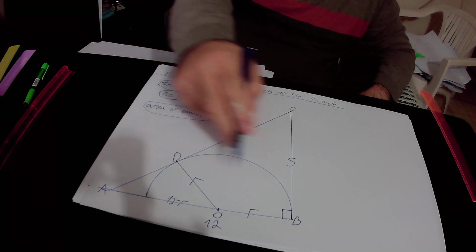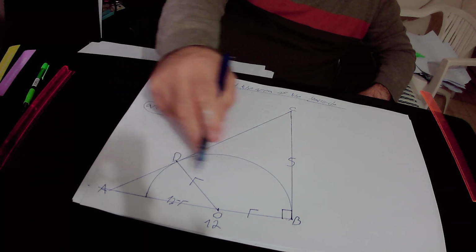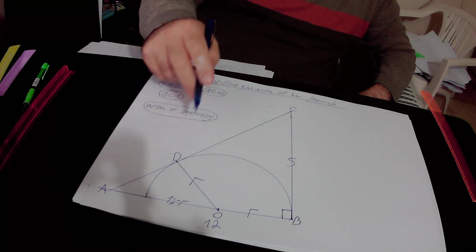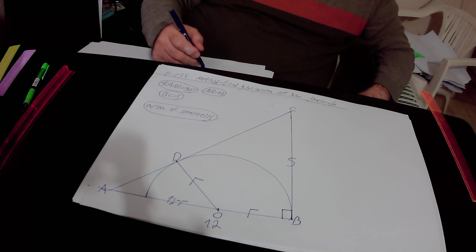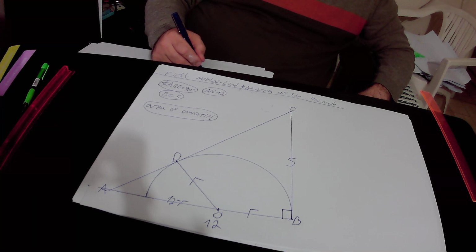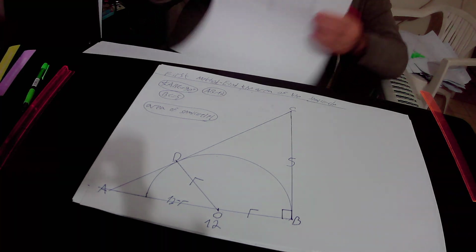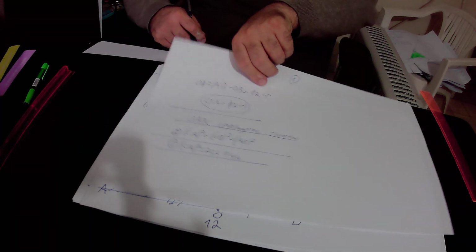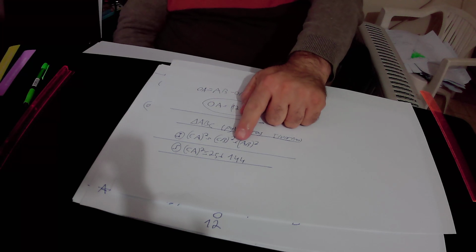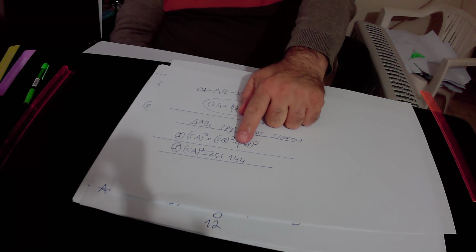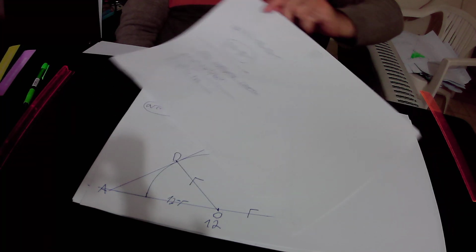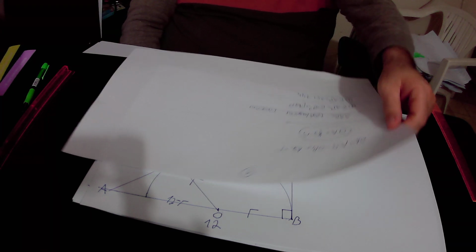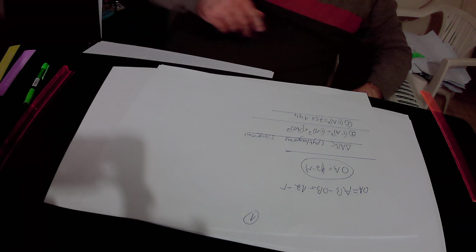Plus AB squared. It is given to us in the question that AB equals 12 units. Therefore, AB squared is 12 squared. 12 squared is 144. So in conclusion, we found out that according to equation number 1, CA squared equals 25 plus 144. 25 plus 144 equals 169. So we got that CA squared equals 169.